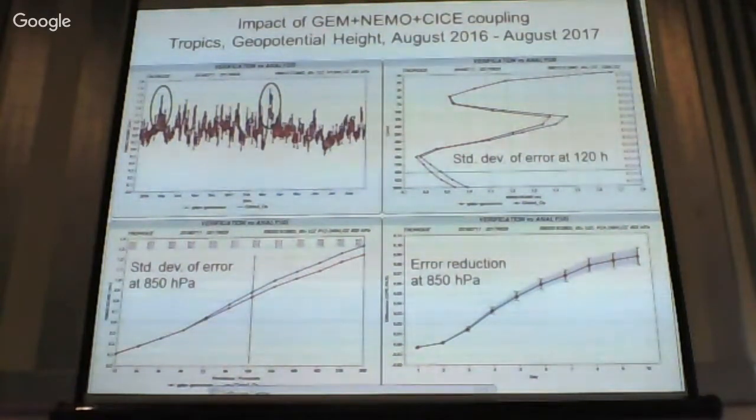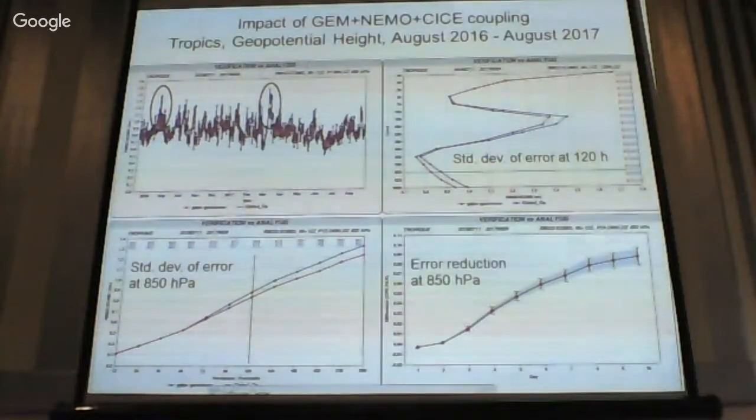So same type of plot here as a function of lead time. This is in blue the error we had before, in red with the coupling. So starting especially from day 2 or day 3, we have a significant reduction of the error, and that propagates all the way through the stratosphere. That's kind of good news.